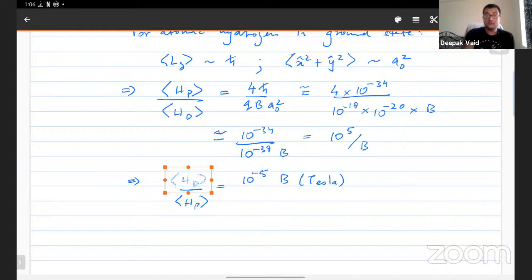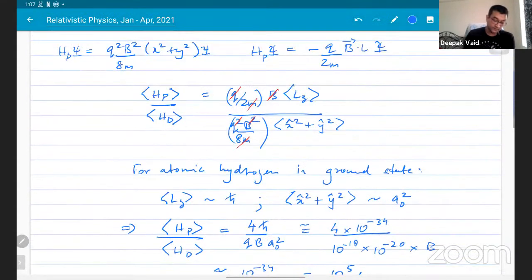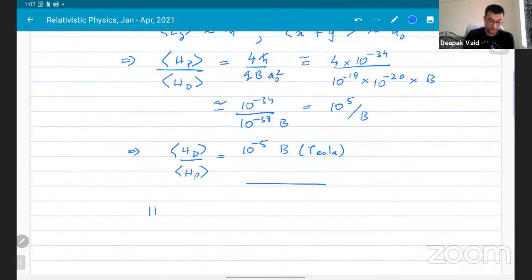So what else? Right. One more thing, we can look at this paramagnetic Hamiltonian, minus Q by 2m B dot L, right?